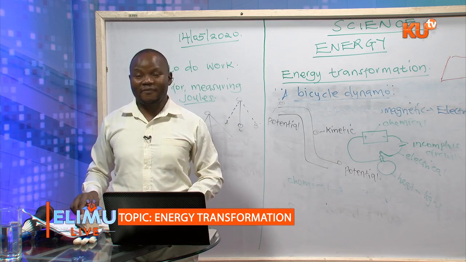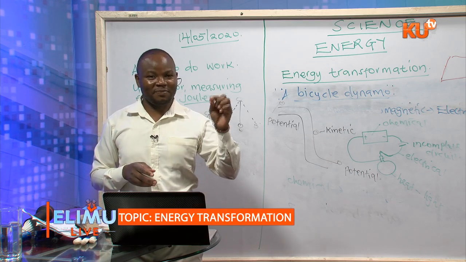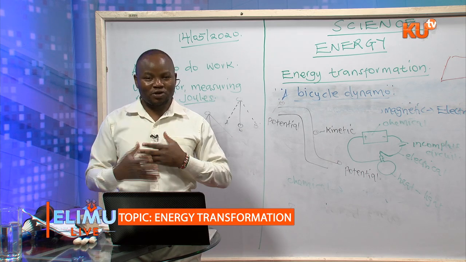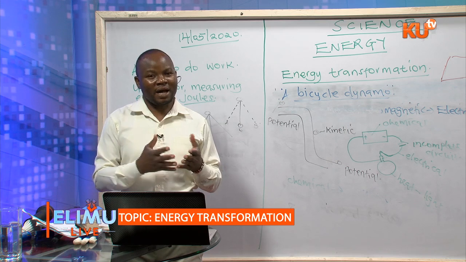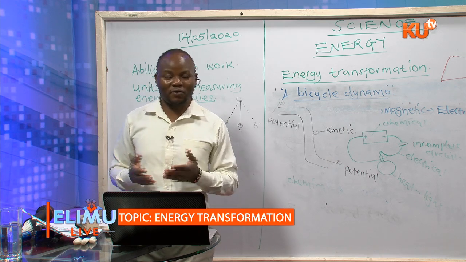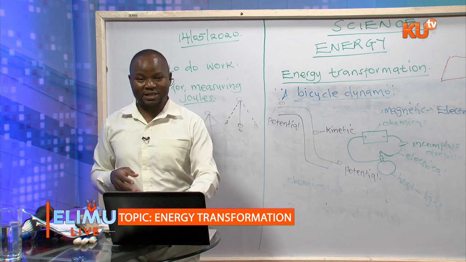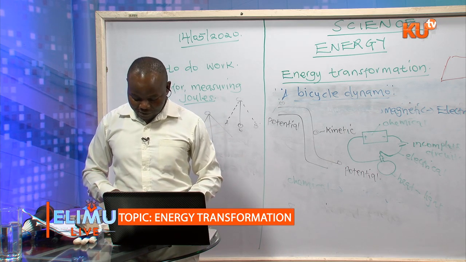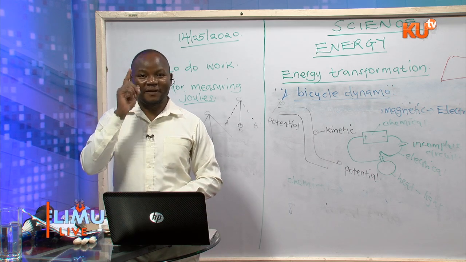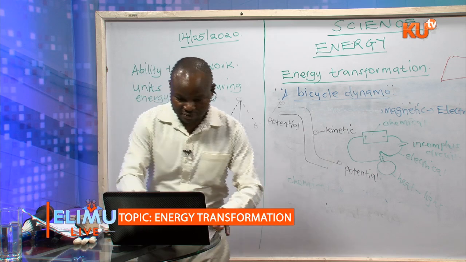Now, there is some vital part that I want you to know. That is the part of KCPE. How have the questions been set? Maybe I'll take samples of a few questions and give you, for you to understand that these things are real. For example, in 2005, there is a question that was brought.